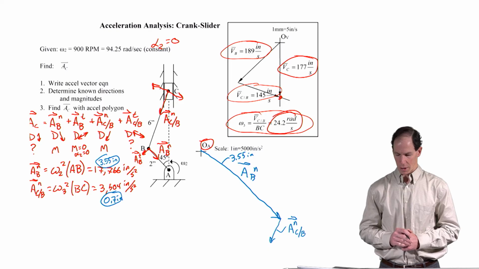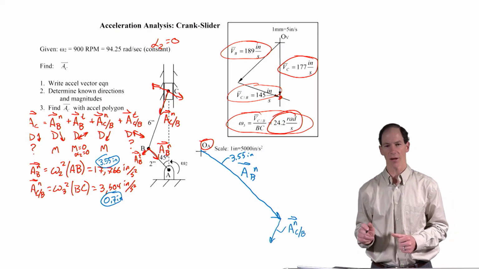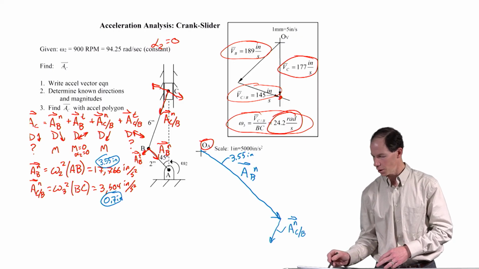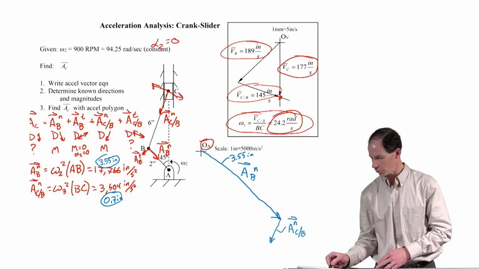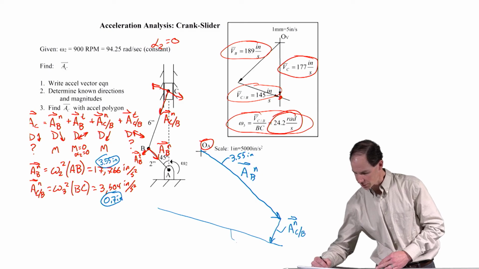All right. Now adding on to this, I've got another component here, which is C with respect to B tangential. I know its direction, but I don't know its magnitude. So this is going to be perpendicular to C with respect to B, so it's going to be somewhere along that. So this will then be the acceleration of C with respect to B tangential.